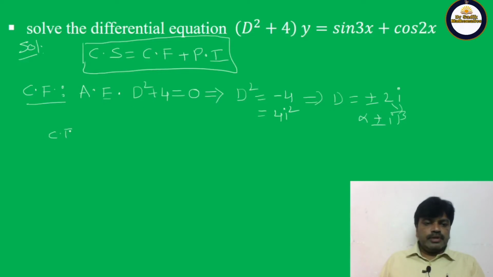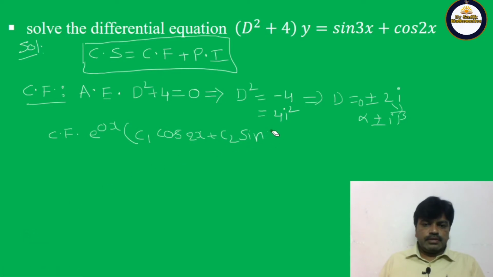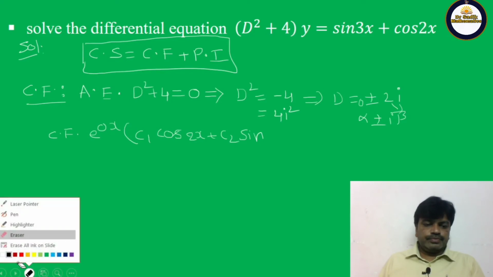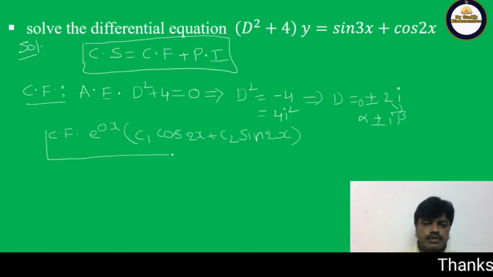So complementary function is e power alpha x, alpha value is 0, into c1 cos beta x, beta means 2, so cos 2x, plus c2 sin beta x, beta means 2, so sin 2x. You highlight this complementary function, friends.